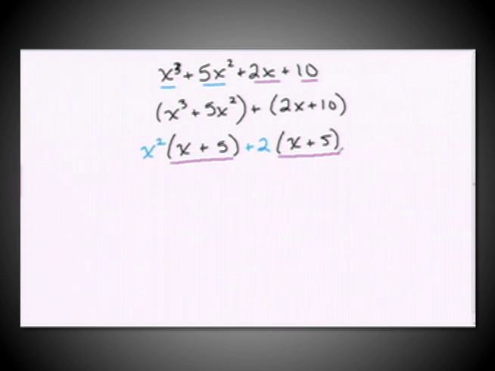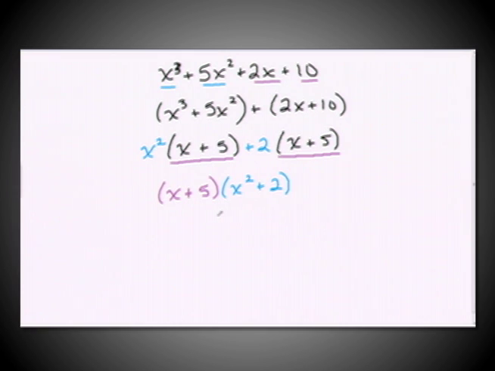So just like we did in that last process of factoring out the greatest common binomial factor, we bring the x plus 5 out front, and when we divide x plus 5 out of both of those terms, we're left with x squared plus 2. This is the factored form of the polynomial x cubed plus 5x squared plus 2x plus 10.